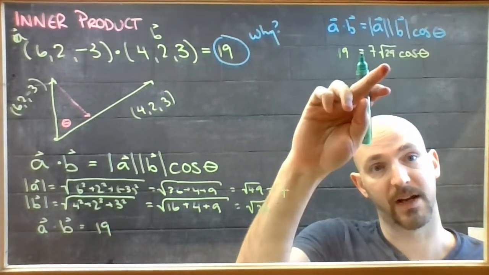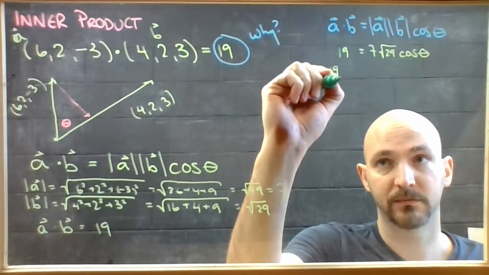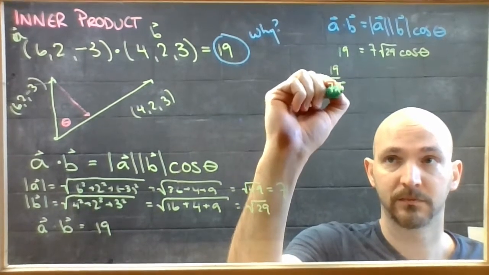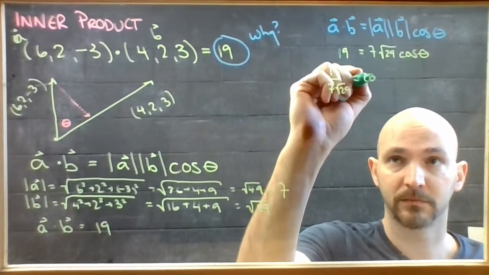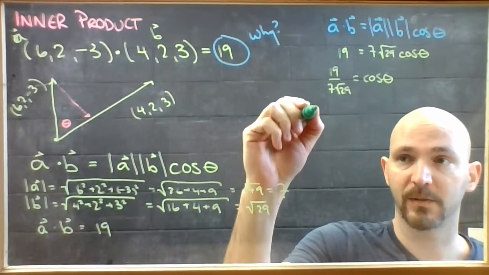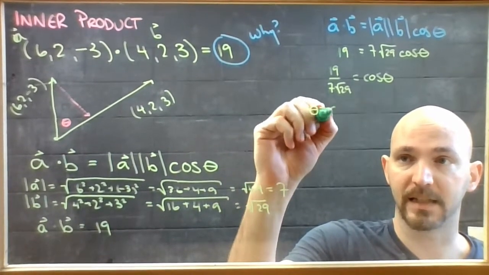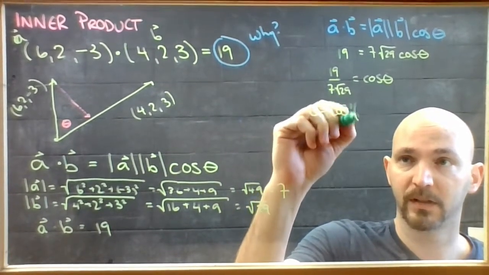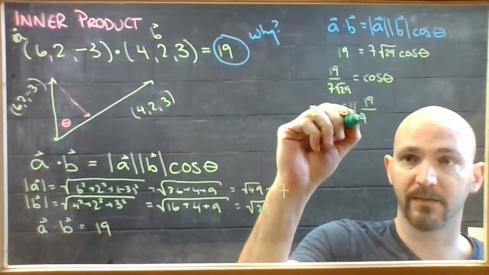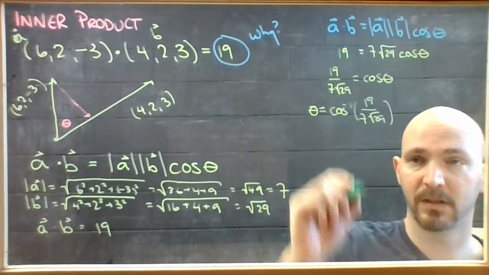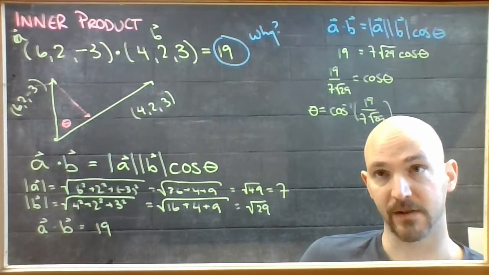All right, so I'm going to divide both sides by this. And so the angle between them then is the arc cos of 19 over 7 root 29. Whatever that is. Now that's the exact answer.